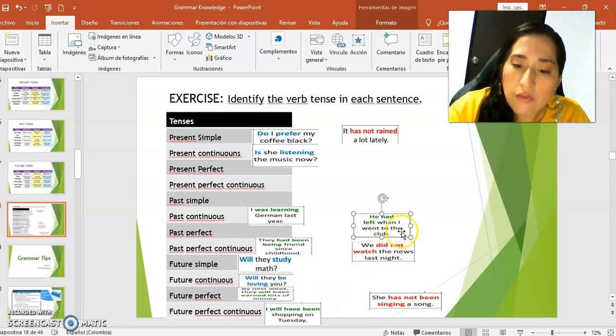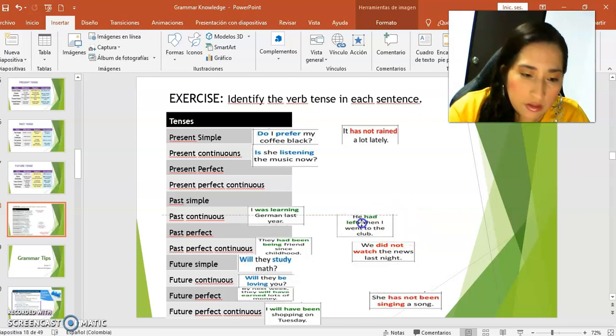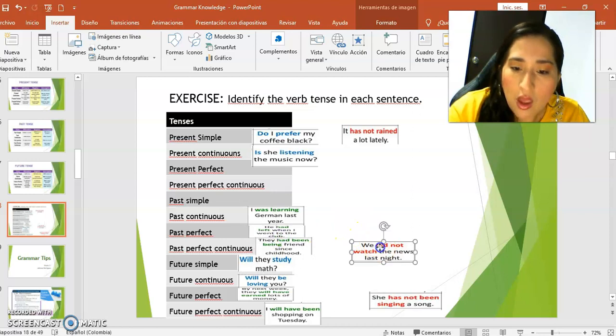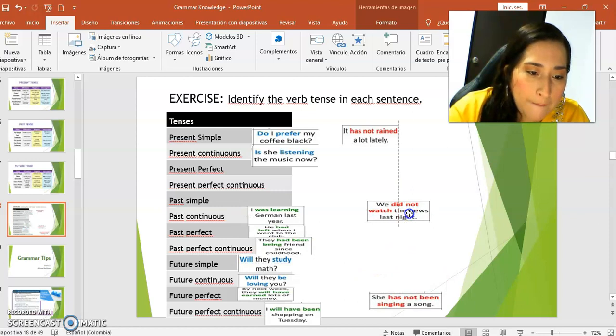He had left when I went to the class. Past perfect. Okay. We did not watch the news last night. Did is past. It's a negative in past, past simple.